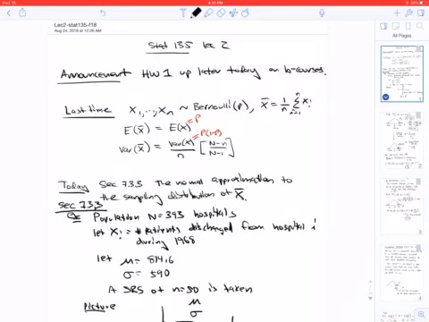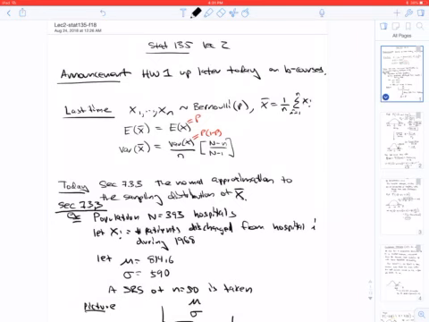What we covered last time, we were looking at a dichotomous case where your box is 0, 1, and you have a sample size n, sampling without replacement. So x1 to xn are Bernoulli p, and the sample mean is given here.